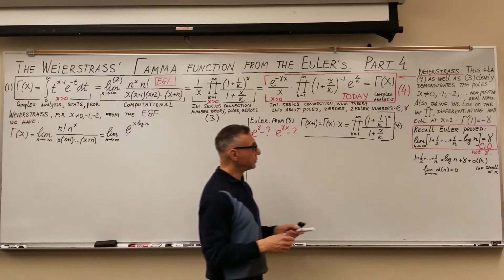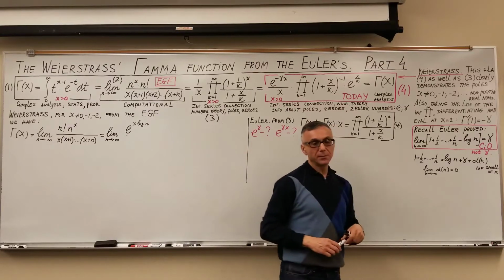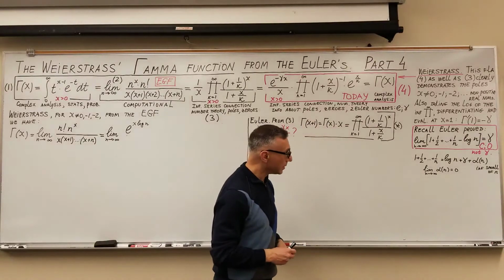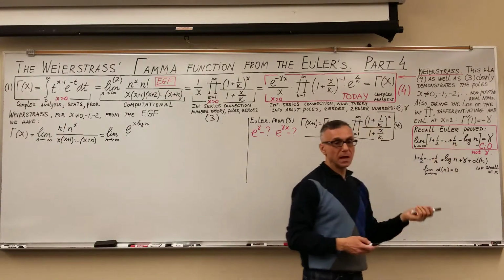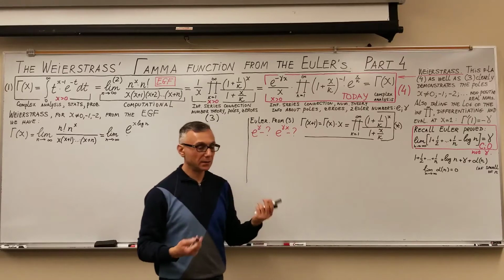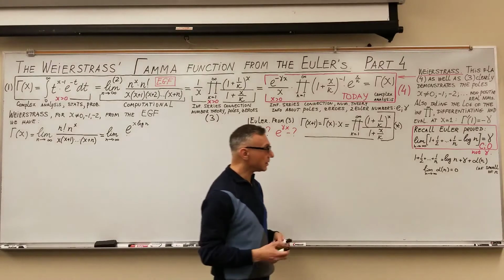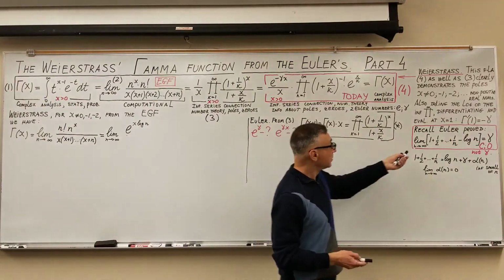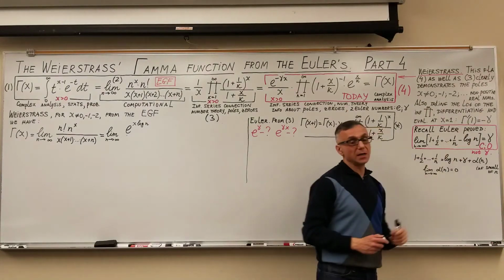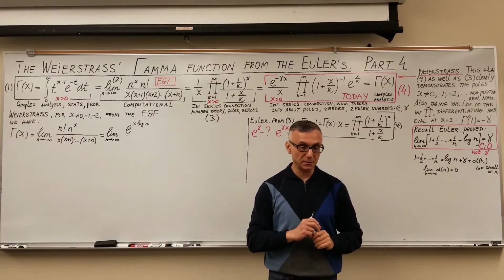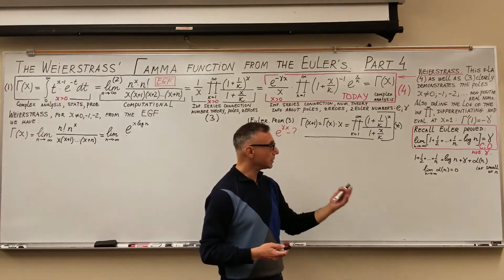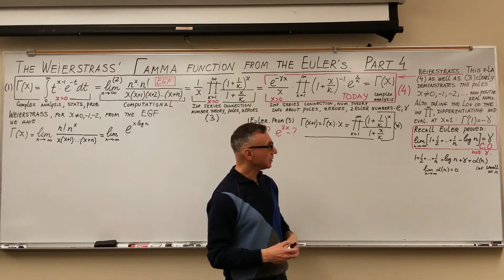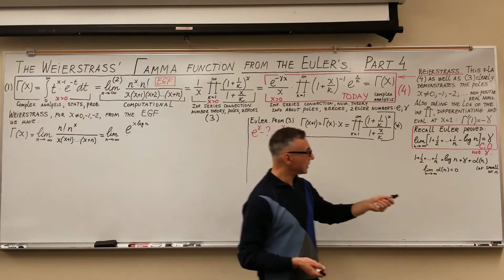We will also use this fact proved by Euler, that the limit of the harmonic series minus log n, he assumed log n base e, natural log, actually ln n, he proved that it's equal to a constant using monotonicity, bounded below and monotonic, the sequence approaches this constant.